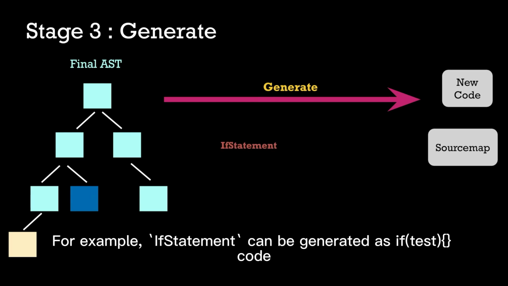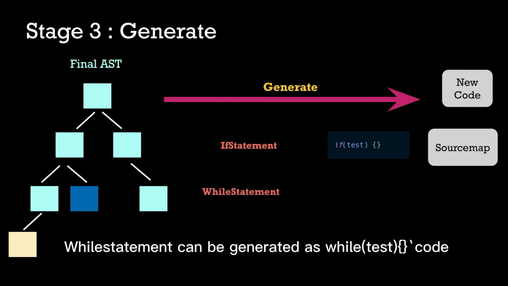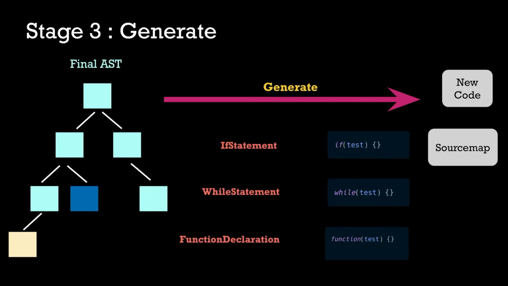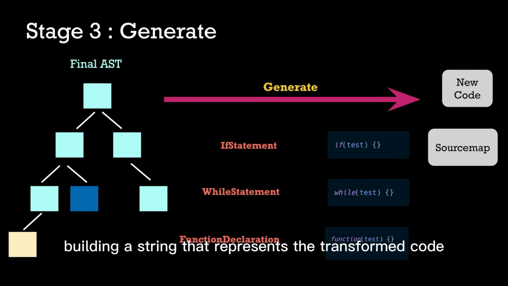For example, an if statement can be generated as if (test) code, a while statement can be generated as while (test) code, and a function declaration can be generated as function test code. And code generation is pretty simple. You traverse through the AST depth first, building a string that represents the transformed code.